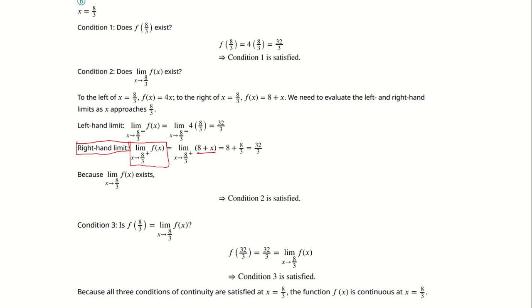We have to use 8 plus x here. Then we have 32 by 3, and for the left hand limit we have 32 by 3, and the functional value is 32 by 3. All of them are equal, so it is continuous at x equals 8 by 3.